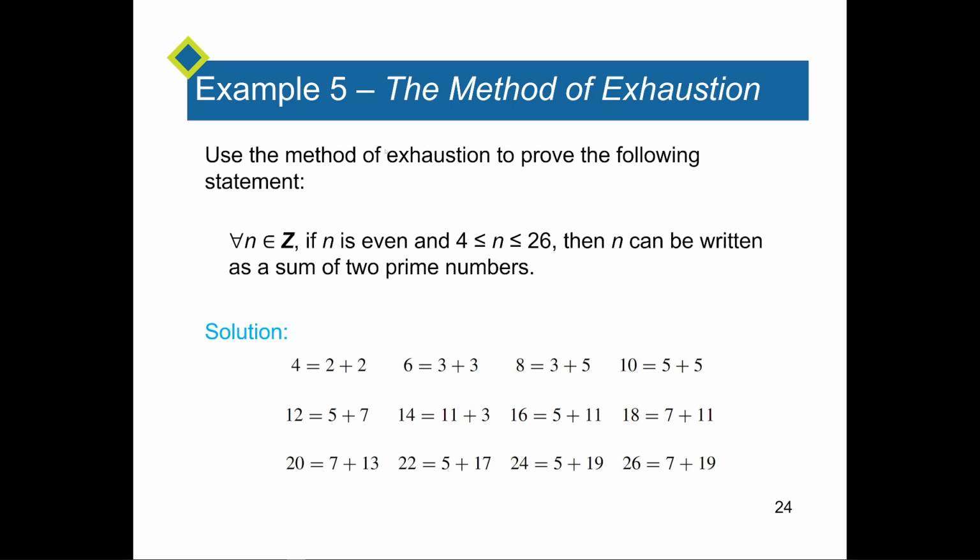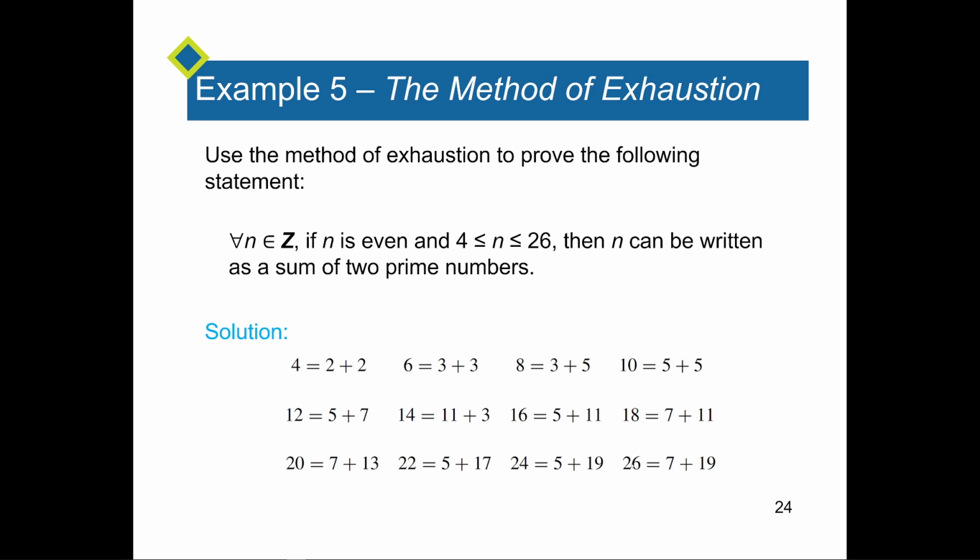By its name alone, exhaustion, we can immediately see that we have to do exactly that. It's going to be a long and tedious process, as you will see in, I believe, the third or fourth tutorial sheet. There is a question on exhaustion, and it's exactly that. We have to do a similar process here. So if n is even, we have to look at even integers between 4 and 26 inclusive. So let's start with 4. 4 is even, right?